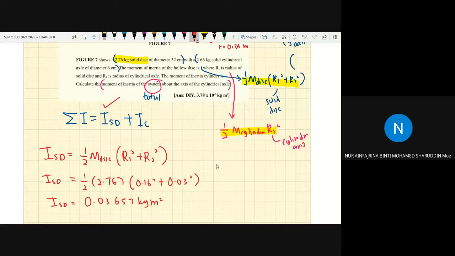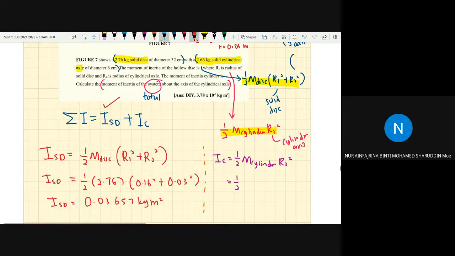Now let's find for the cylindrical. For the cylinder, the formula is given: we use half the mass of the cylinder times R2 squared. The mass of the cylinder is given: the 2.66 kg solid cylindrical axle.